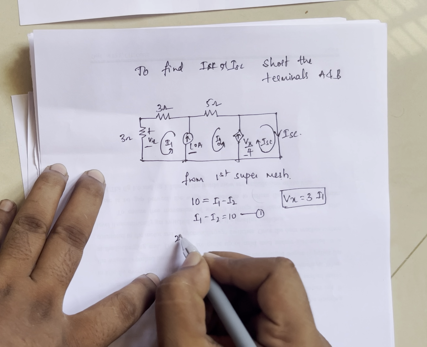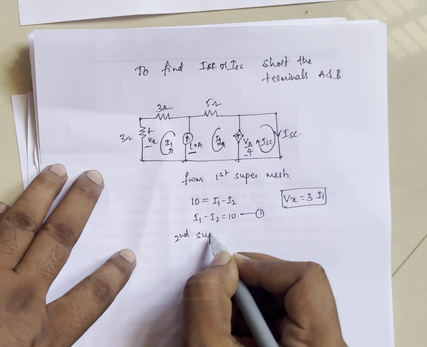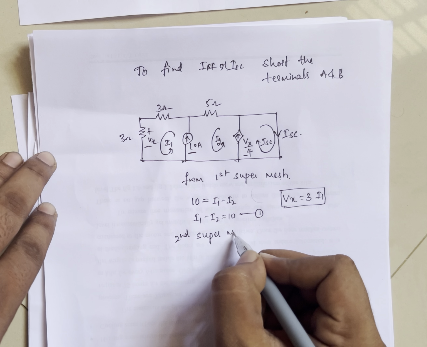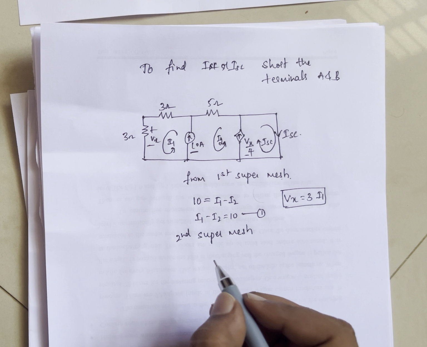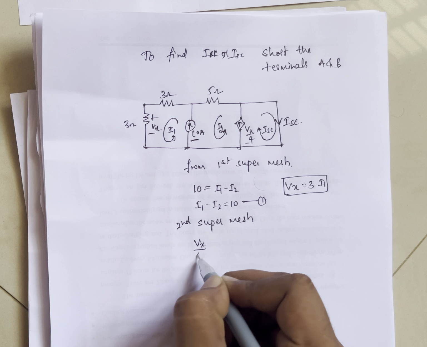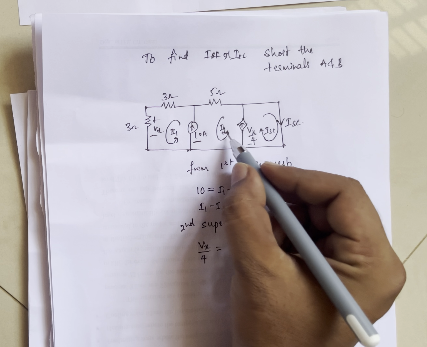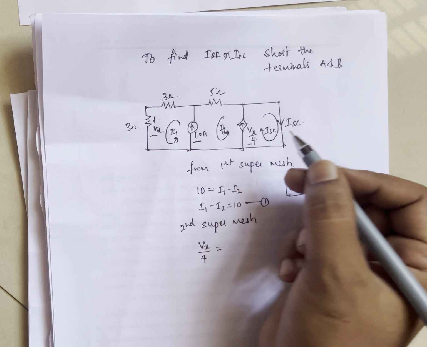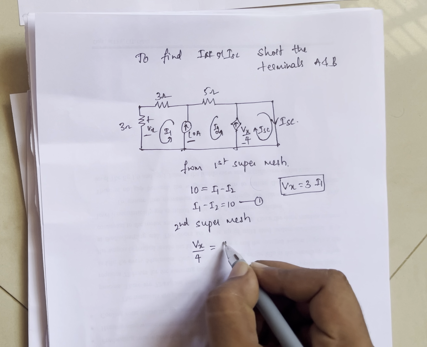Similarly, from the second super mesh, you can write Vx by 4 equals, both are in the same direction, therefore I2 plus ISC.